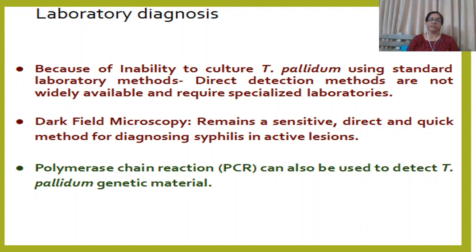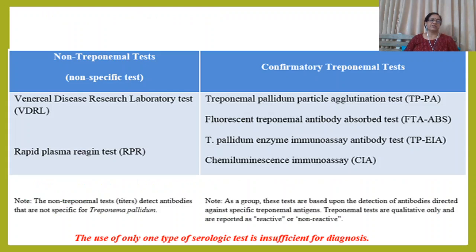It is the most sensitive method, as well as a direct and quick method for diagnosing syphilis in the active lesions. The third test which can be carried out in the laboratory diagnosis is RT-PCR. Here the genetic material of treponema is identified in this test.